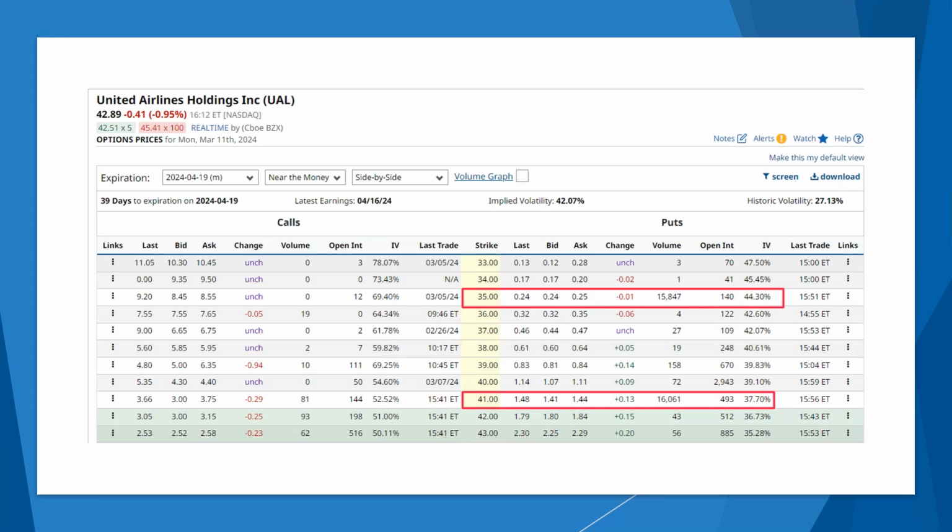But notice that in this case, we do see 15,000 volume versus just a handful, a few contracts of open interest. So this would be a definite example of somebody who is opening a trade, large volume compared to small volume.